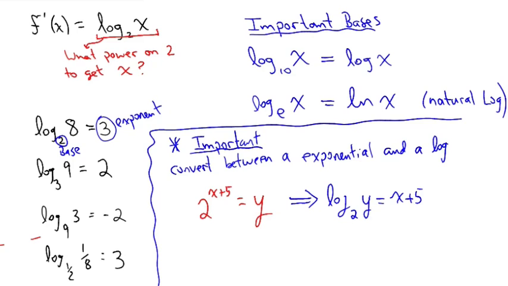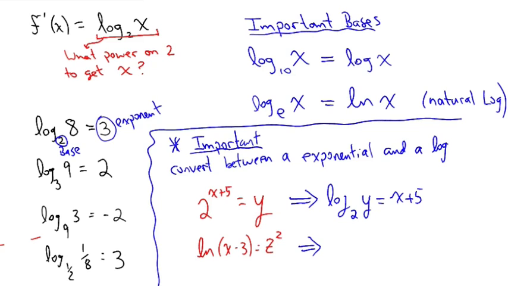Alright, what if we had ln of x minus 3 is equal to z squared? And I want to change it into its exponential form. It's already in logarithmic form. So when you're changing into exponential form, your first question should always be, what is the base?